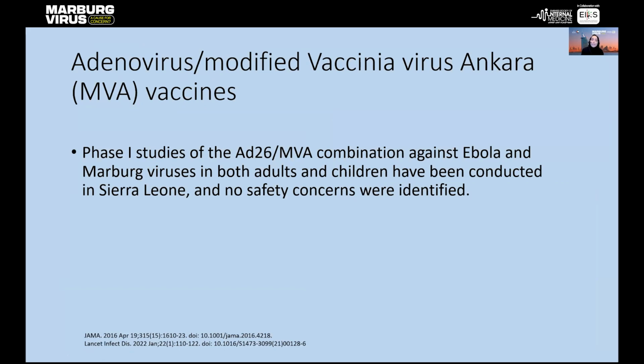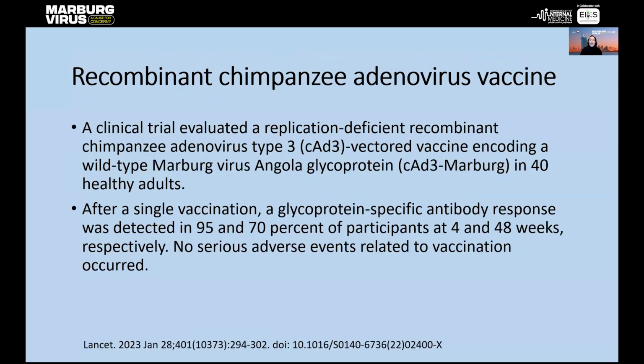Finally, phase 1 studies of the adenovirus and MVA combination against Ebola and Marburg virus in both adults and children have been conducted in Sierra Leone, and no safety concern was identified. Another clinical trial tested a chimpanzee adenovirus vector.